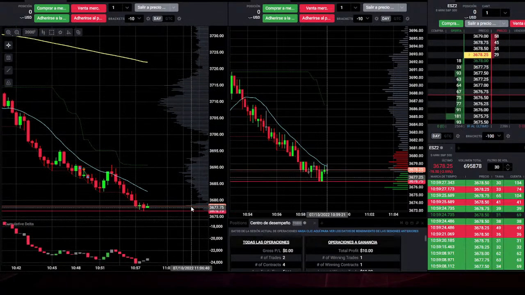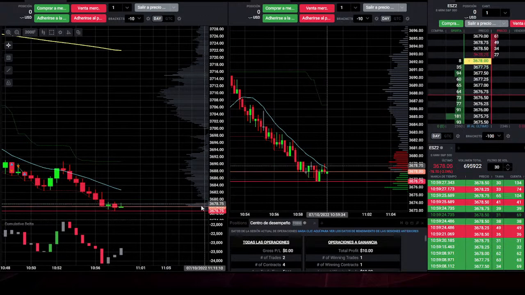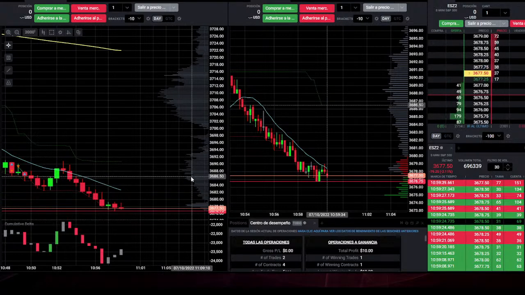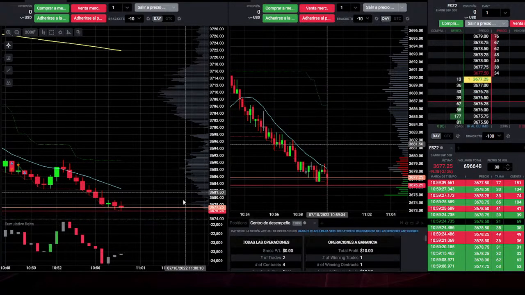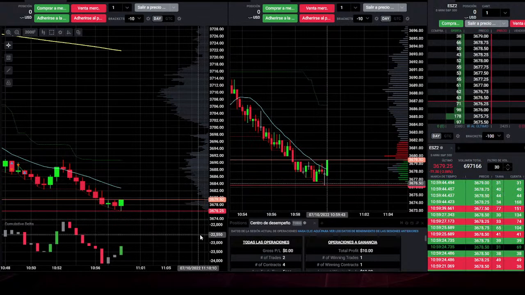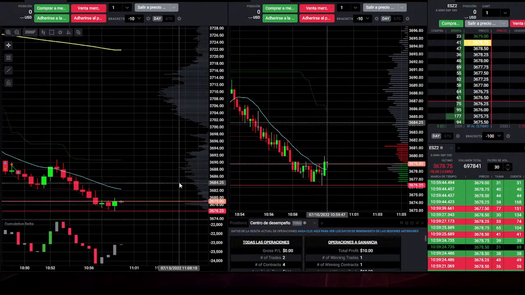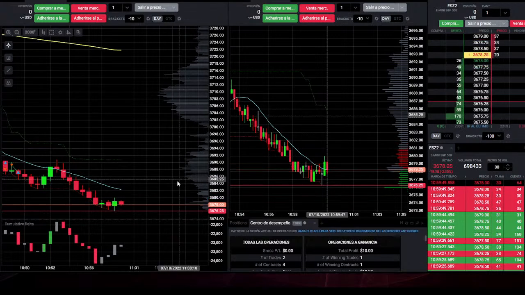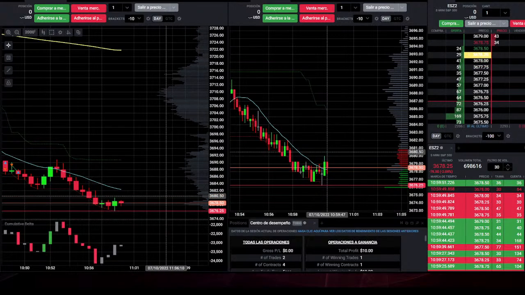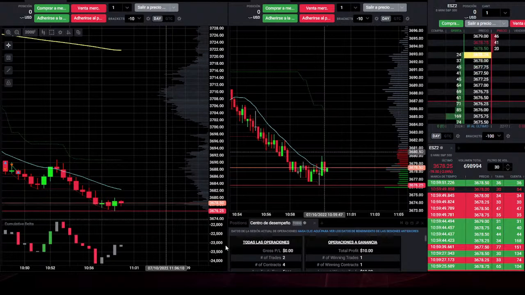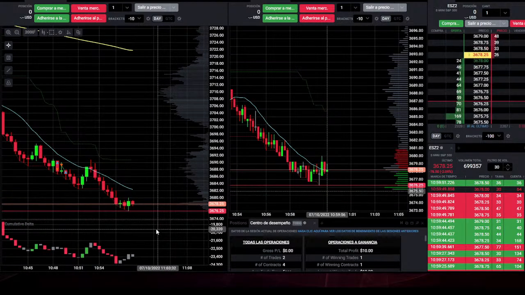Okay, we are making some volume here, looking perhaps for a pullback to here and then following down, or just straight going down. Let's see. I see perhaps going a little bit higher and then keep going down, but I can't predict the future. So let's see.